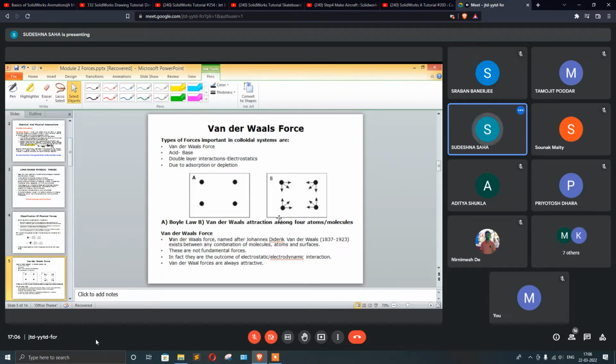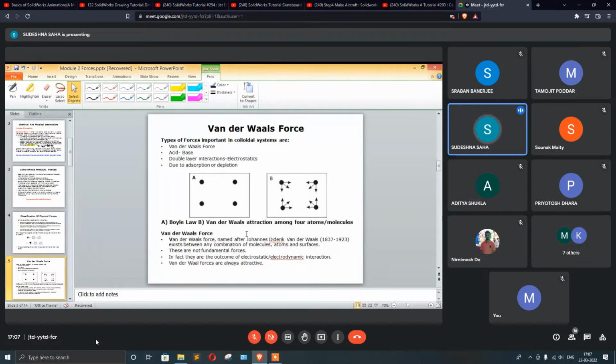Okay, so the van der Waals forces, named after Johannes Diederik van der Waals, who lived from 1837 to 1923, a famous scientist, exist between any combination of molecules or atoms and surfaces. These are not fundamental forces.